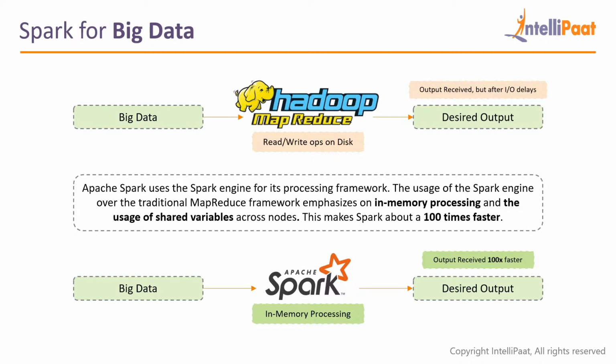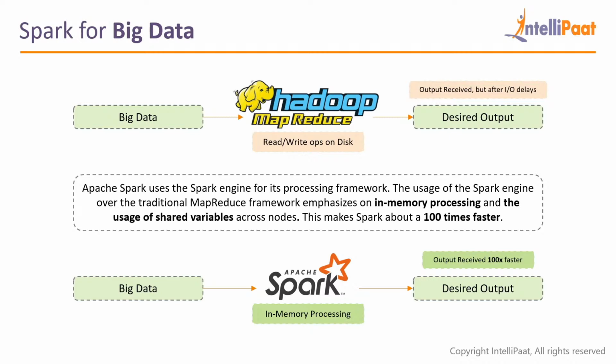This reading and writing operation takes a lot of input-output overhead. That is time that basically adds up to the time that we get our output within, right? So the desired output that we receive by using Hadoop MapReduce is after input-output delays. So it's considerably delayed, right? But it was what was originally used.